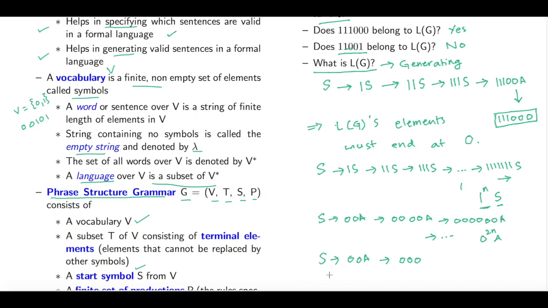Okay, and also I can say S, 00A, 0000A, and then I can say 00000. So this means that I have always 2n plus 1 zeros. That's it. So I can at least have 3 zeros.